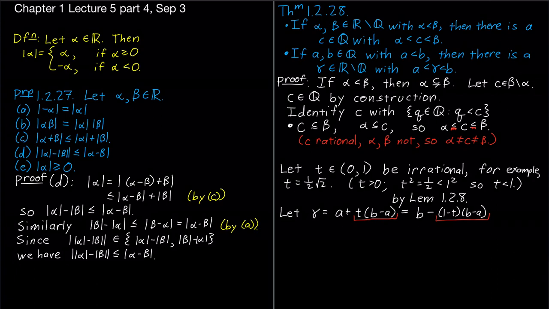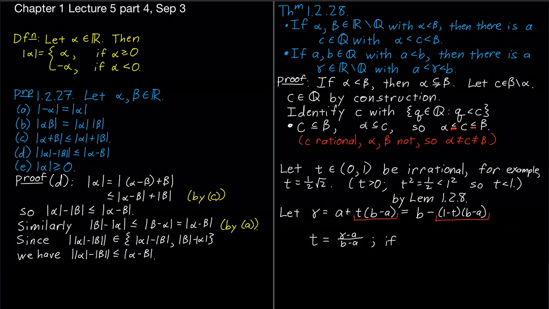So gamma is between A and B, and if gamma was rational, then T, which is equal to gamma minus A over B minus A, would be rational.